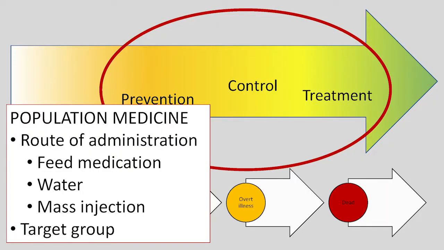So prevention, the definitions can be a bit fuzzy, but typically we think of prevention as using an antimicrobial in a population of animals ahead of a disease being necessarily diagnosable, which I'm sure some of you, your spine just, like, what are you people doing?